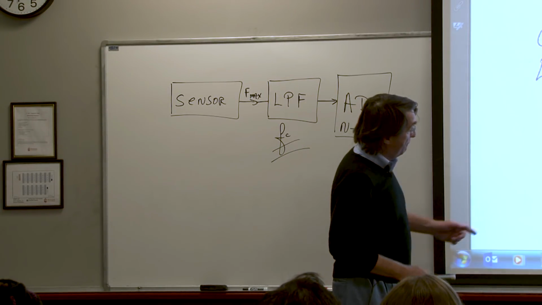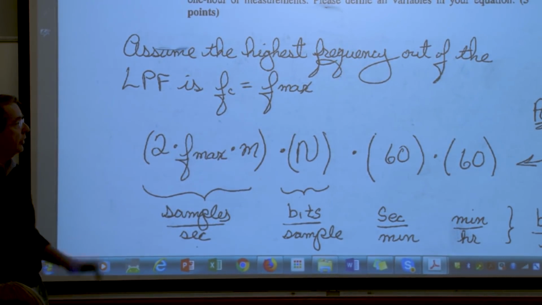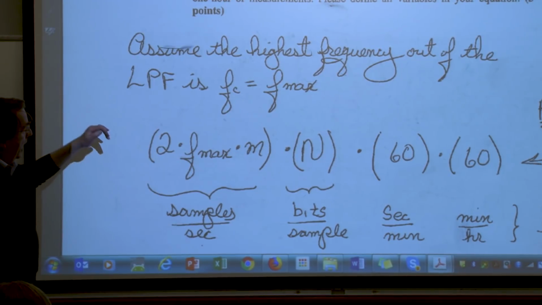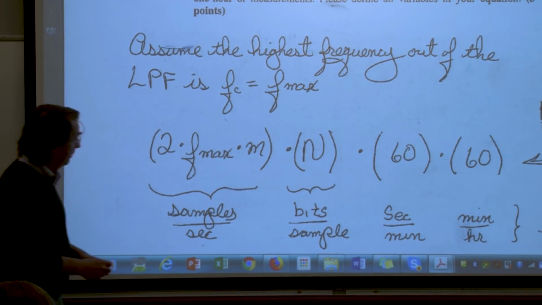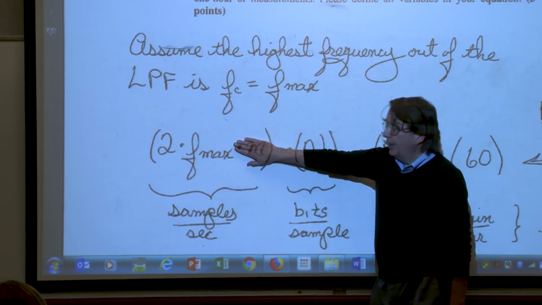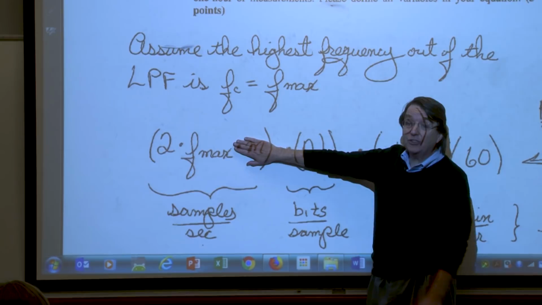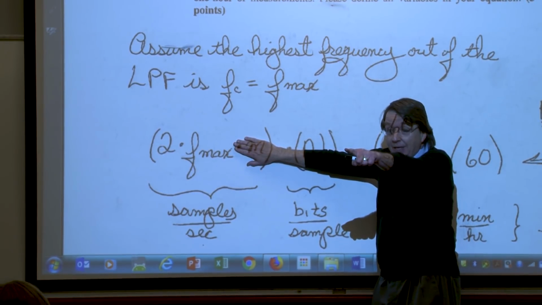Now, follow the units. The units will give you the answer. Here, let me cover M. If I tell you the highest frequency coming into the A to D converter is f max, how many samples do you need to take?